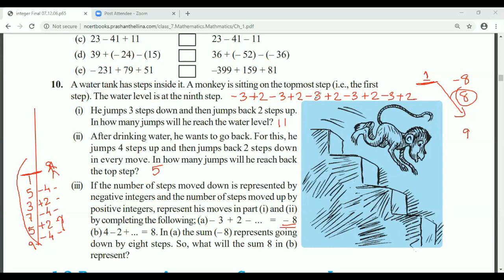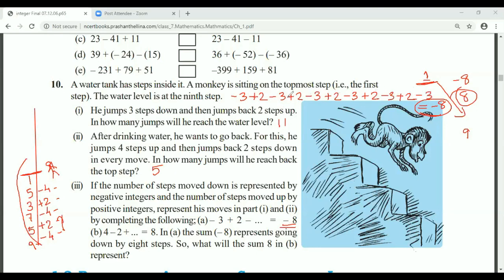Let me see how many jumps there are now. 3, 3, 6 plus 9, then 9, 10, then -3. You can check whether you are getting -8 or not. Just add these whole numbers. If 11 numbers are there, 1, 2, 3, 4, 5, 6, 7, 8, 9, 10, 11.